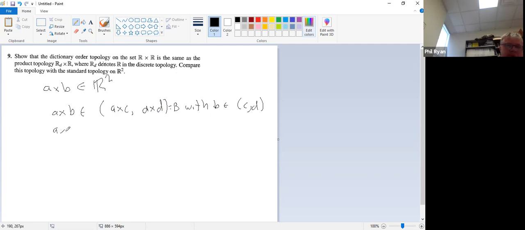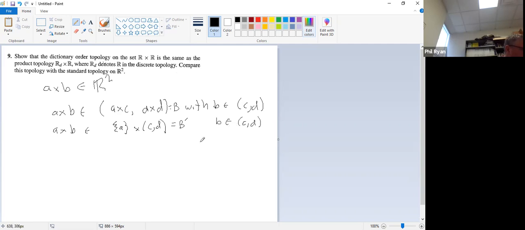But also A cross B is an element of A cross CD. Let's call that B prime. Again, B an element of CD.